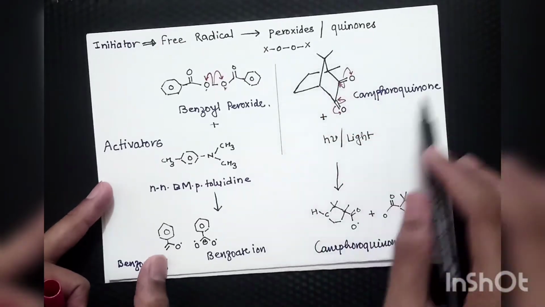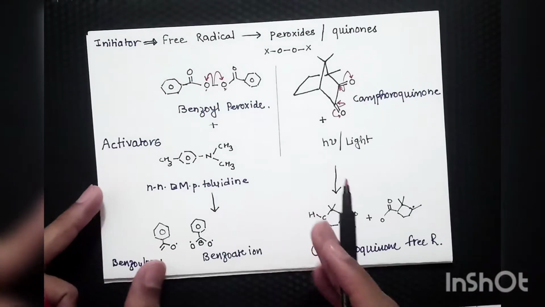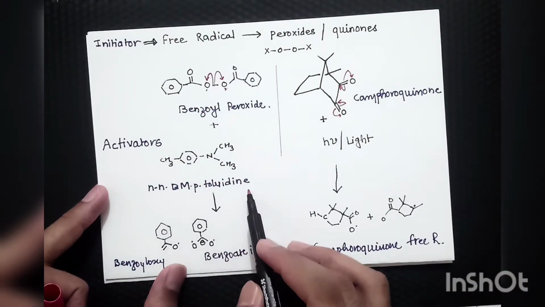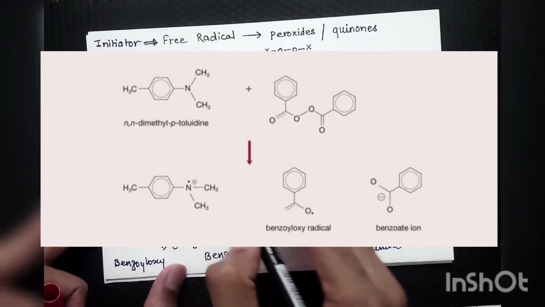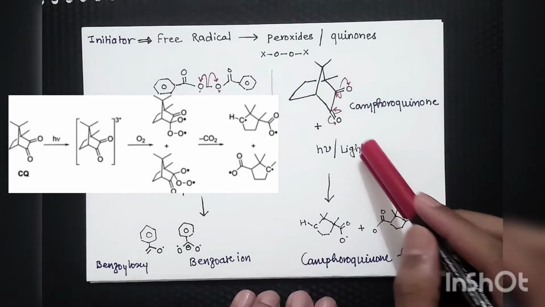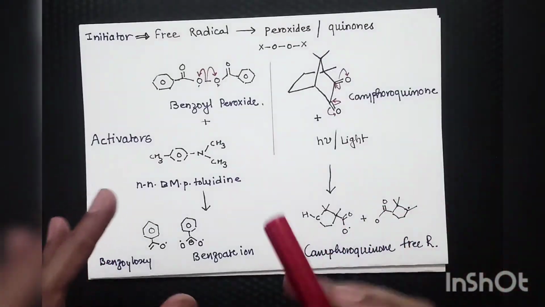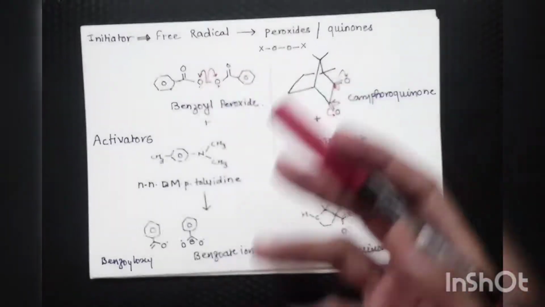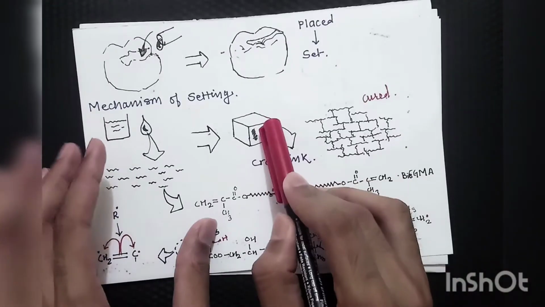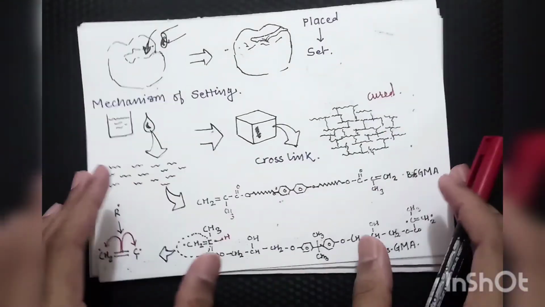In light cured resin it is camphorquinone. The activator in chemically cured resins is N,N-dimethyl para-toluidine, that is a tertiary amine, and the activator in light cured resin is light itself. So after this activation and initiation, and in turn the polymerization, we have a set resin. This is a properly hard resin.